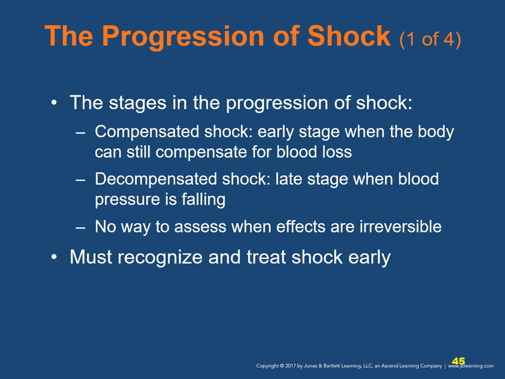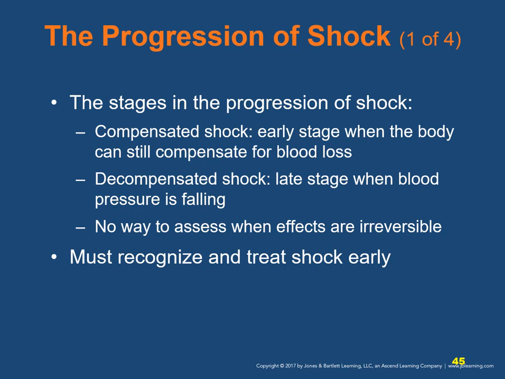Stage 2, decompensated shock. The late stage when blood pressure is falling. Signs and symptoms: falling blood pressure, systolic blood pressure of 90 or lower in an adult, labored or irregular breathing, ashen, mottled or cyanotic skin, thready or absent peripheral pulses, dull eyes, dilated pupils, poor urinary output.